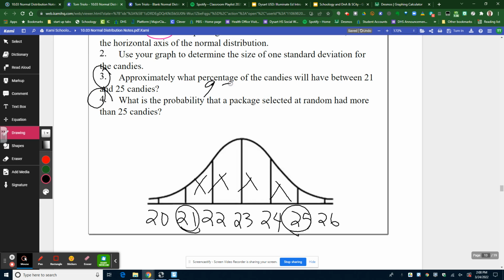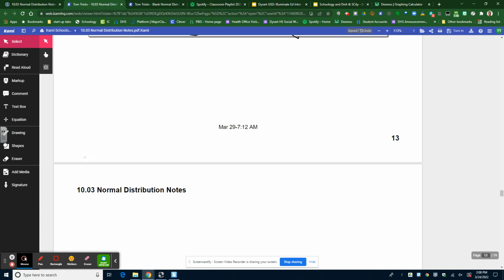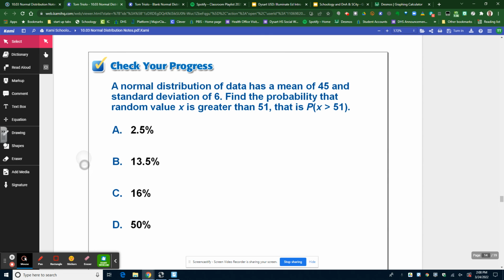We just said that about 3 times already. That's 95% of your data. Again, you can do the arithmetic. It's 68 plus 27. More than 25 are just these 2 itty bitty little pieces, and that's why it's so small at only 2.5%. All the rest of the questions are going to basically use the same one. They just made it a little prettier on the next couple pages.